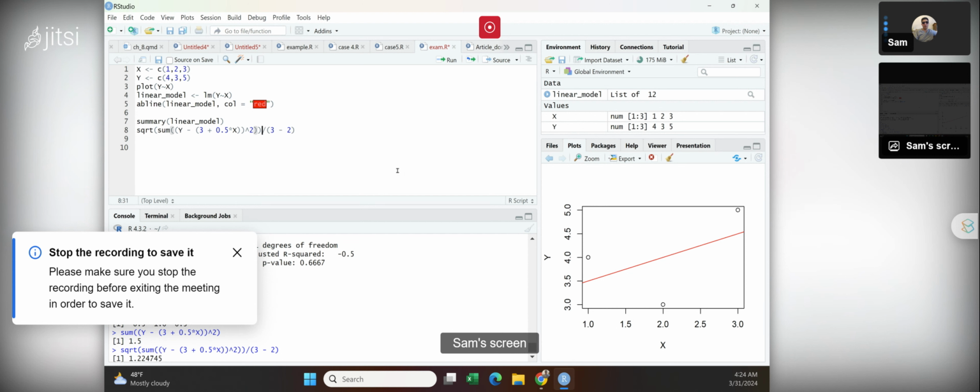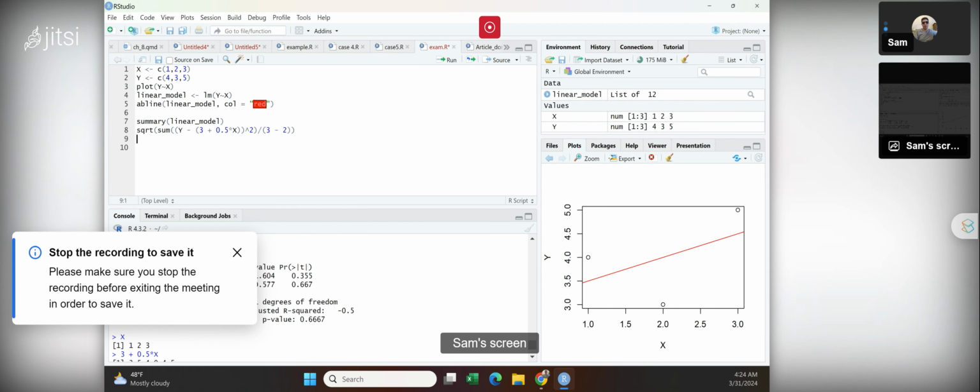So remember that you have to take this sum of squared residuals, which is 1.5, divided by n minus k, and take the square root of the whole term. Remember, square root of the whole term, not part of it. Okay, this is almost equal to what you got here.